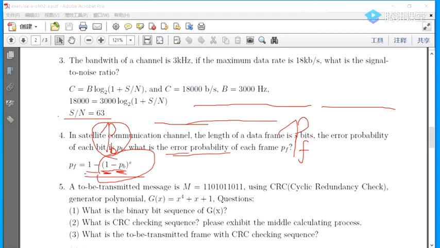Then the error probability is 1 minus the correct probability.